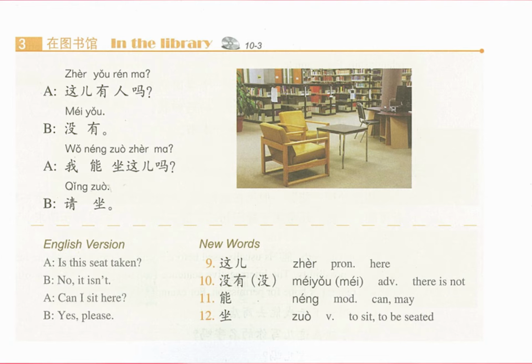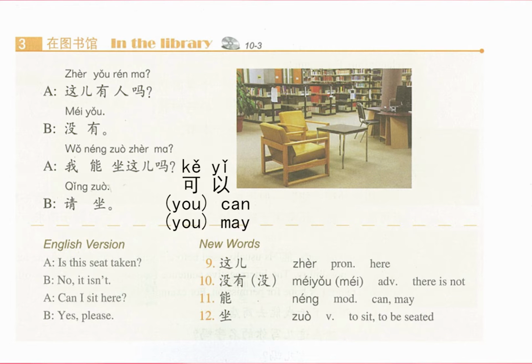请坐. 请 literally means please. 坐 means to sit. Please sit. And in the book, you can see the English version as well. It says yes, please. As natural as that is in English, the way to say 请坐 in Chinese is totally unnatural. It's really weird to me as a native speaker, and please trust me on that. If the situation happens in front of me, I would never, ever say 请坐.